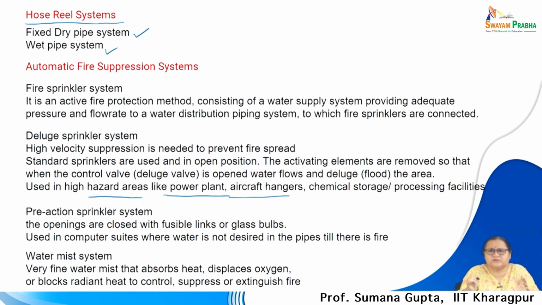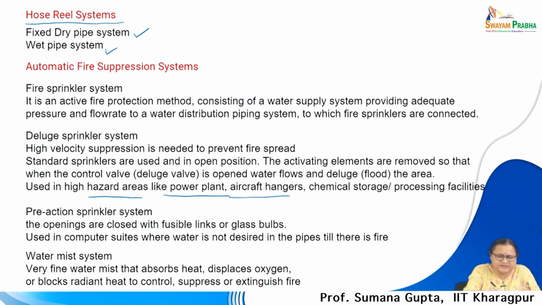The word deluge means flood. All the sprinkler nozzles open and it floods the area. However, the principle remains the same. So, we will discuss one type, and you can understand that the larger procedure is applicable for the deluge system. More water pressure is required.